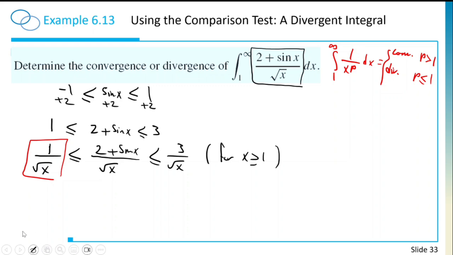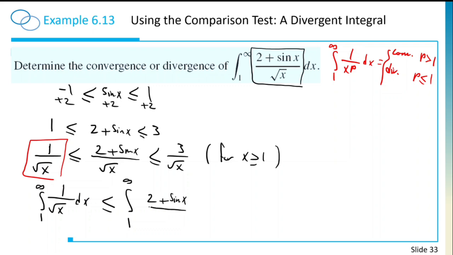So I could write it in this way. The integral from 1 to infinity of 1 over radical x dx is less than or equal to the integral from 1 to infinity of 2 plus sine x over radical x dx. Now this one, we can directly say that this is divergent. Why? Because p is equal to half. Later on we'll use this idea as a p series.